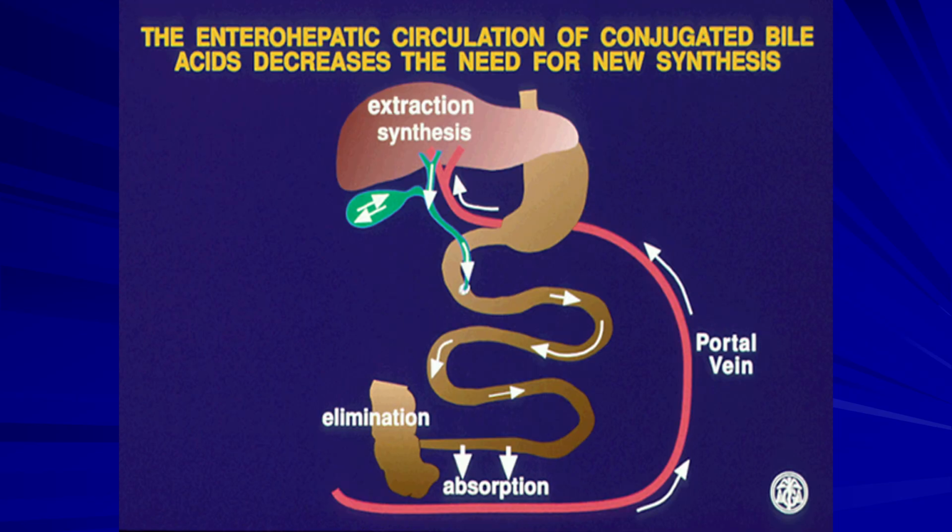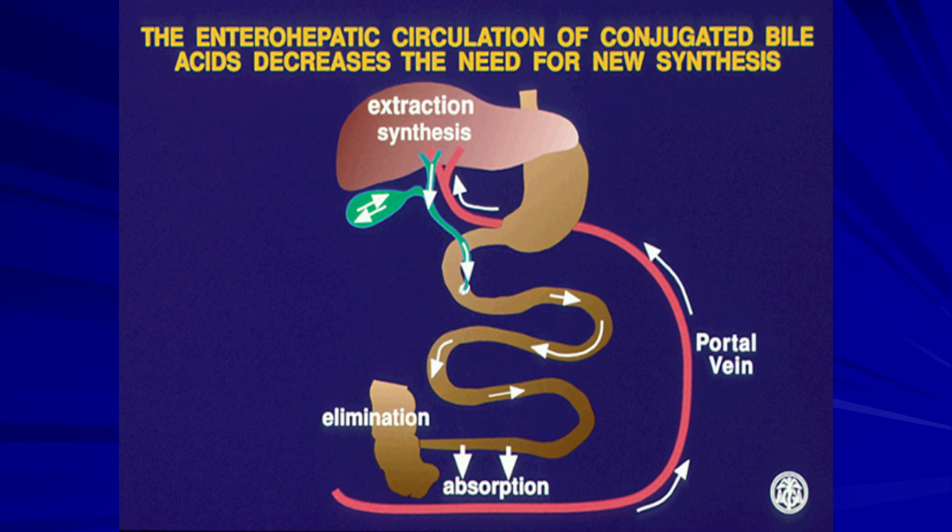Bile salts are very precious molecules, and the body has designed a system to preserve them and to reduce the need for new synthesis. In summary, bile salts, which are made inside the hepatocytes, are secreted across the canalicular membrane of hepatocytes into the biliary tree. Bile salts reach the intestine.